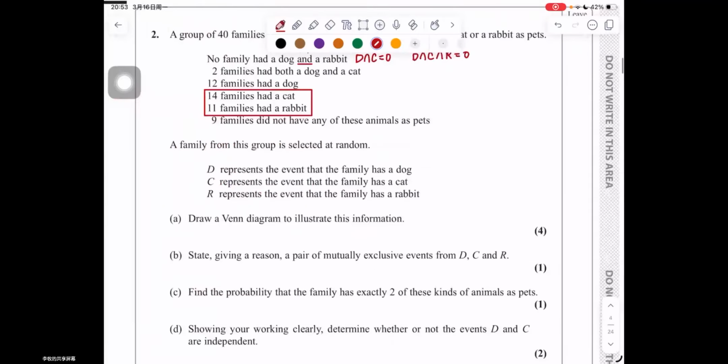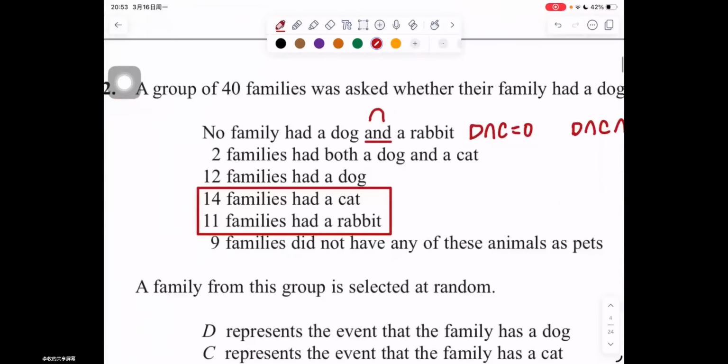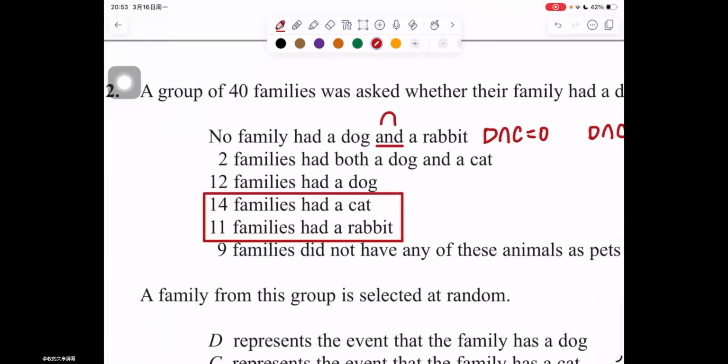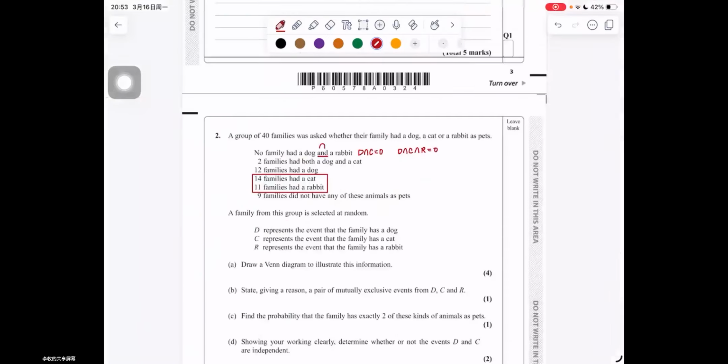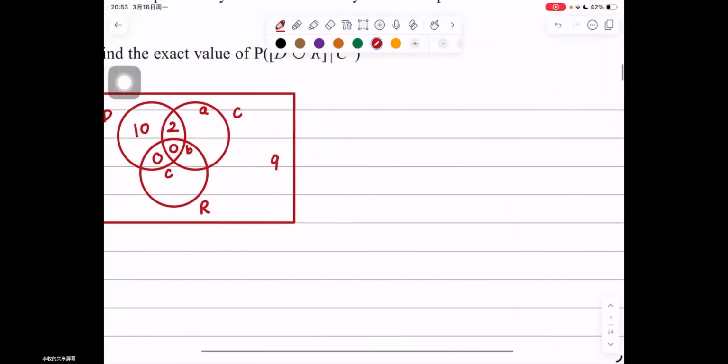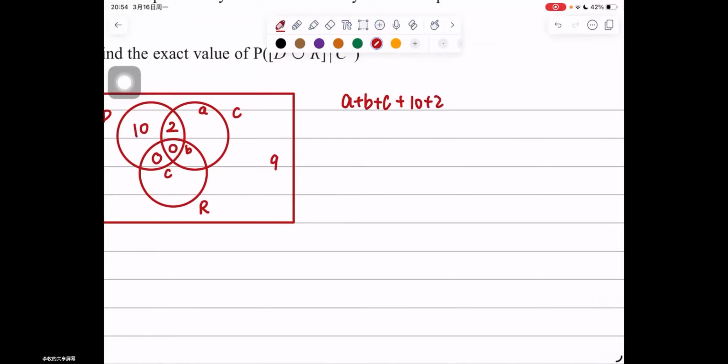Firstly, we notice that a total of 40 families were investigated, so all of those numbers add up to 40. So A + B + C + 10 + 12 + 9 = 40. So A + B + C = 19.